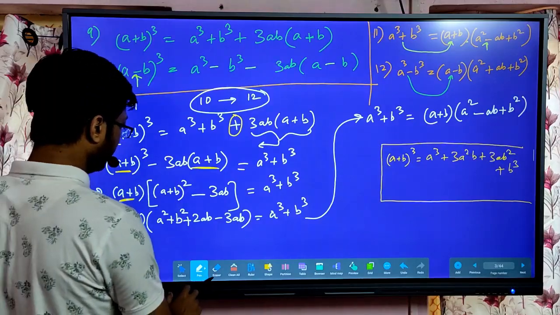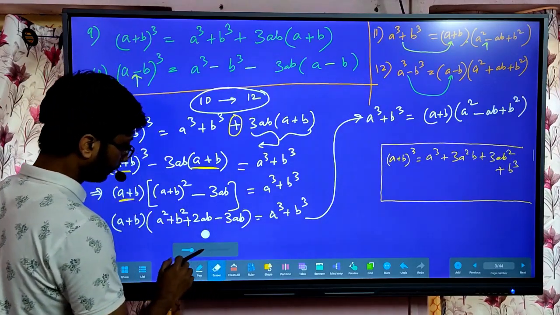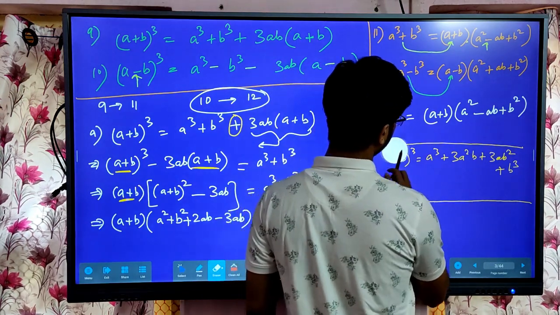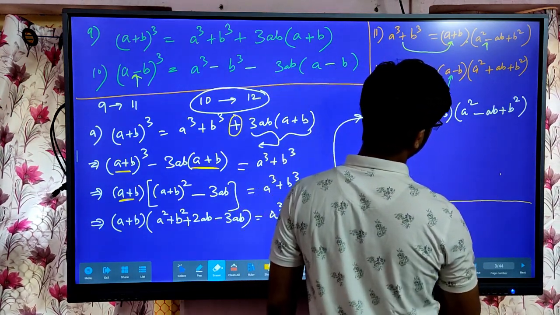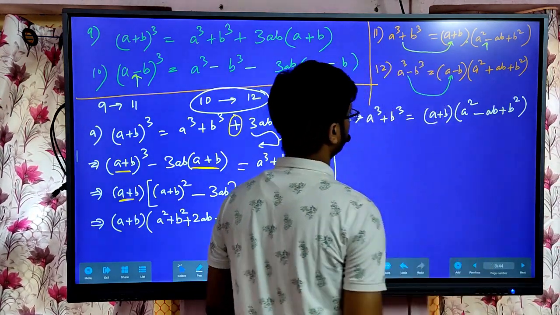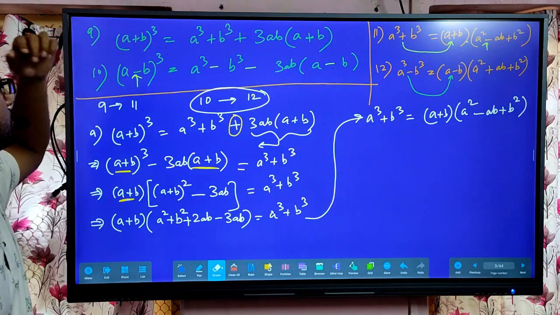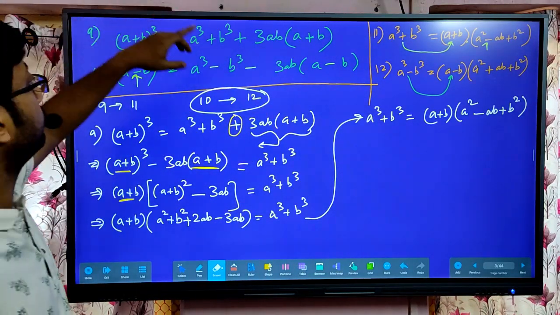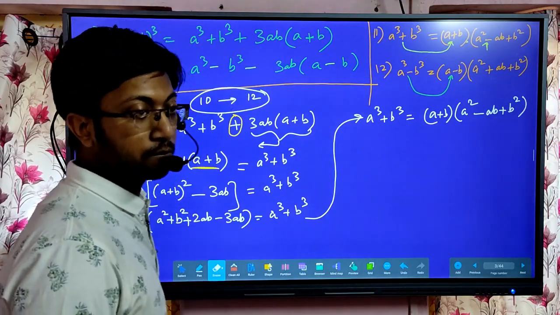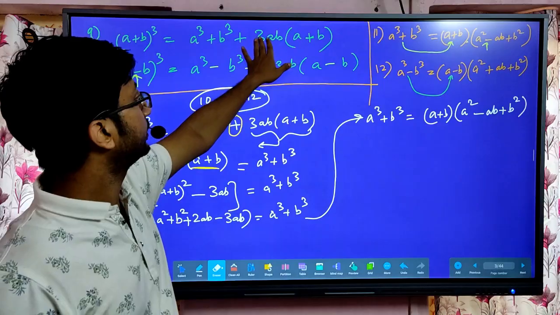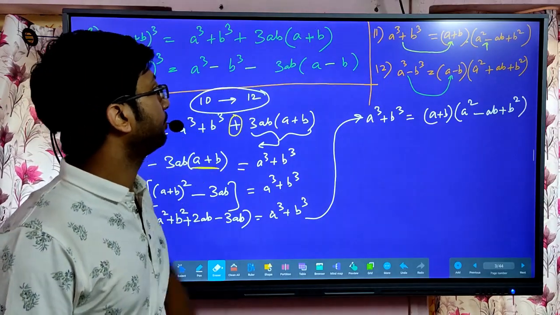So it will be a plus b whole cube equals a cube plus b cube plus 3ab into bracket a plus b. First there will be the sum of the cubes and then 3ab, then again in bracket a plus b.